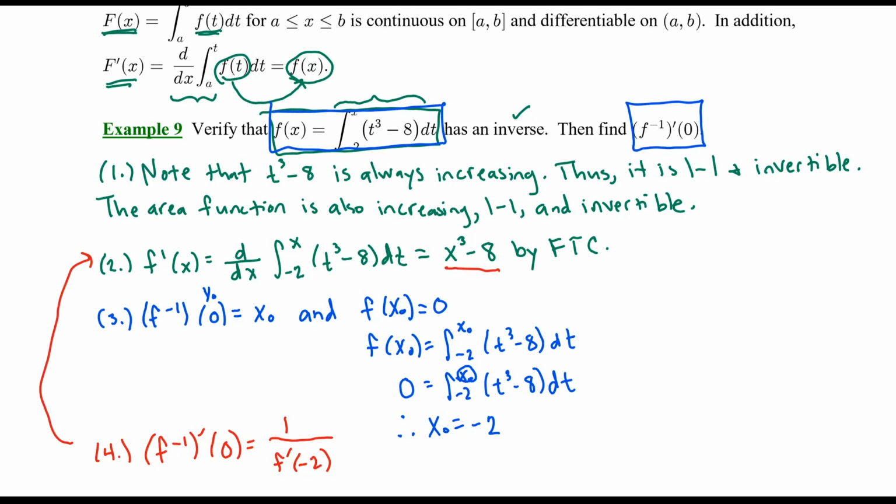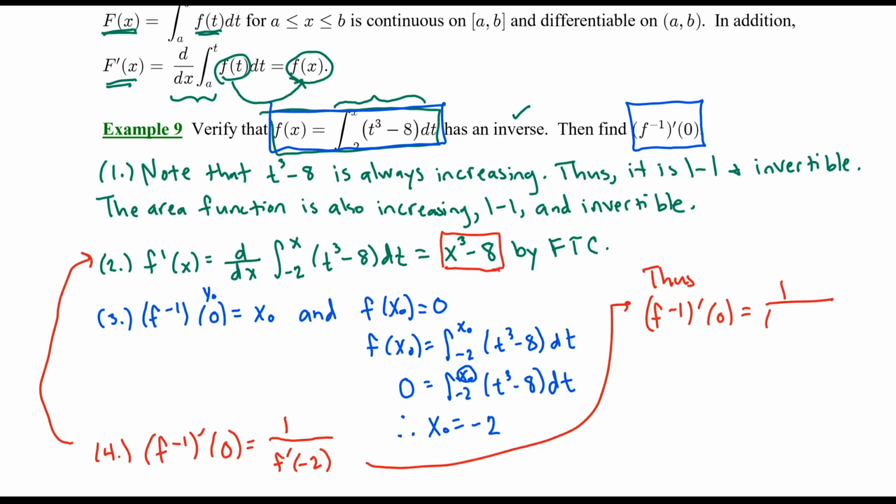So we can say thus, f inverse prime of 0 is equal to 1 over the derivative, which is x cubed minus 8, evaluated at -2. Our calculations give us 1 over -8 minus 8, or -1 over 16.